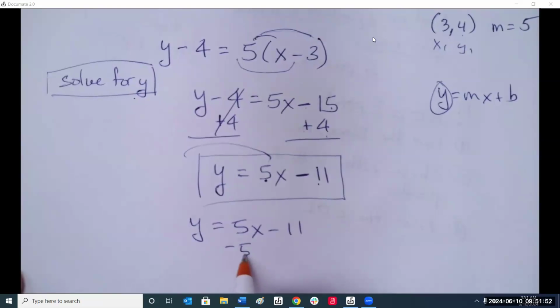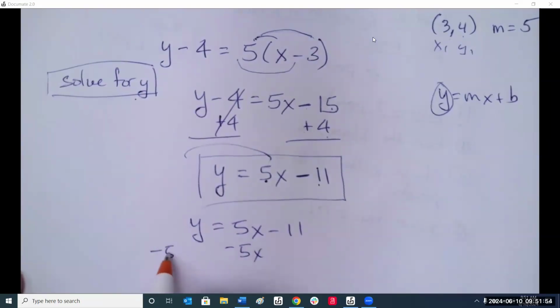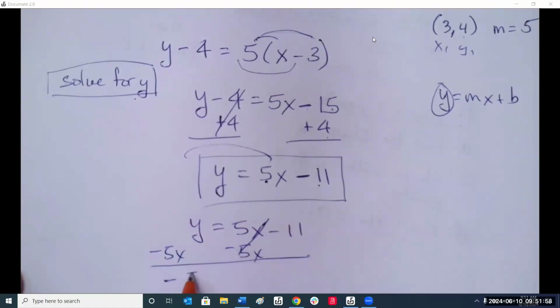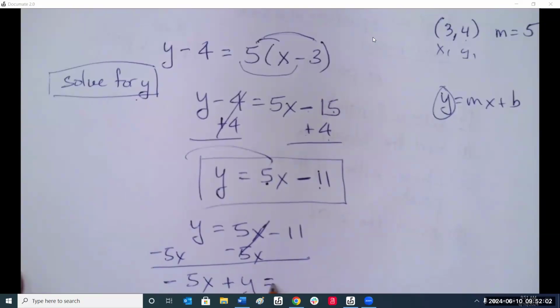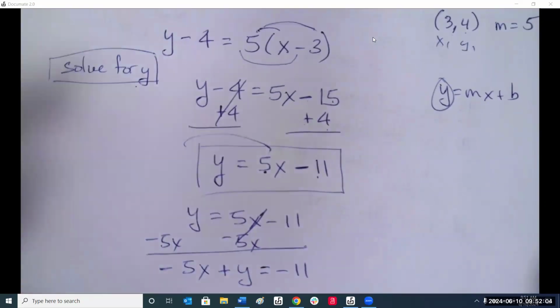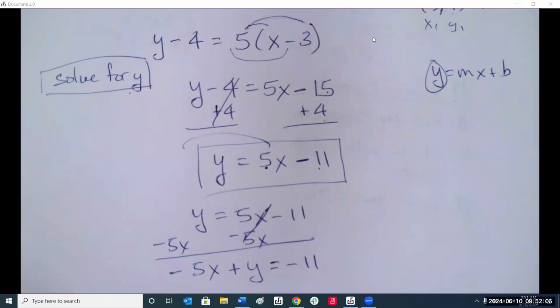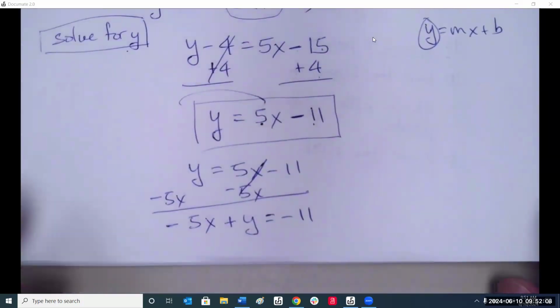So I subtract 5x from both sides. Negative 5x plus y equals negative 11. X and y on the same side.